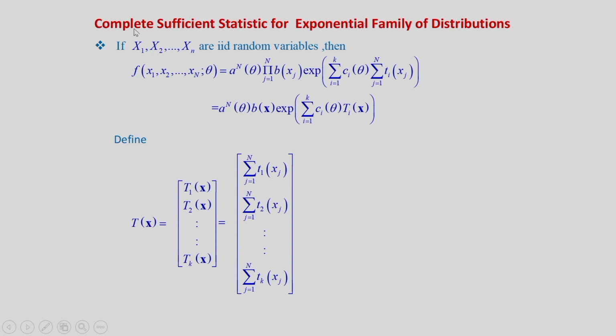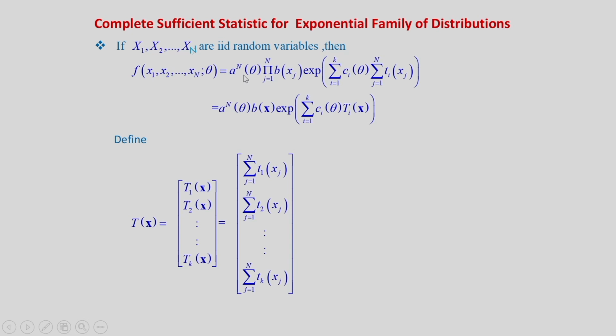Now, we will see that complete sufficient statistics for the exponential family of distribution can be found from the expression for the joint PDF itself. Suppose x1, x2 up to xn are IID random variables of the exponential family, then we can write f(x1, x2 up to xn) as a function of theta.